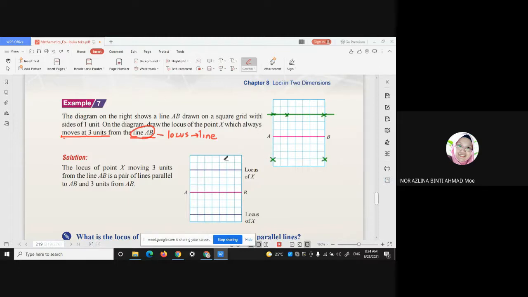Using a ruler, you must use a ruler. Okay, this is the locus of X.